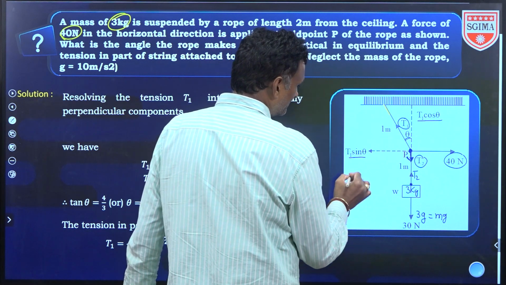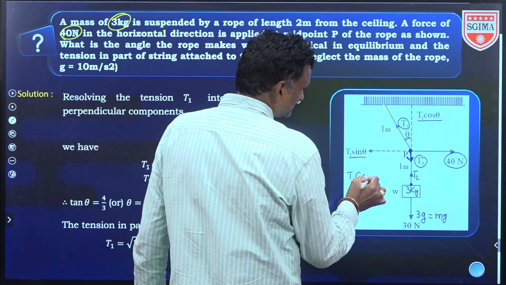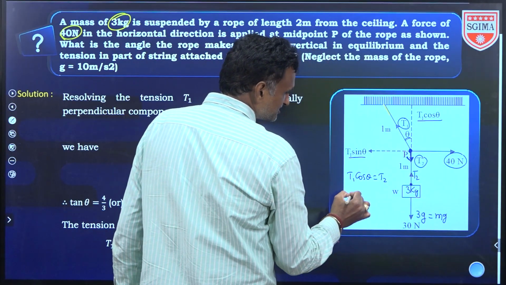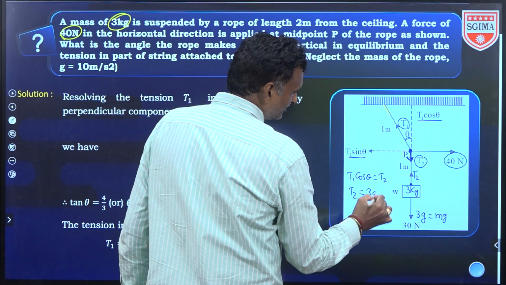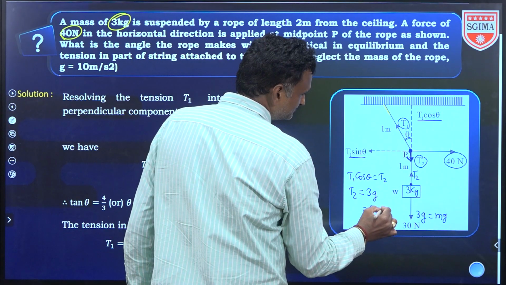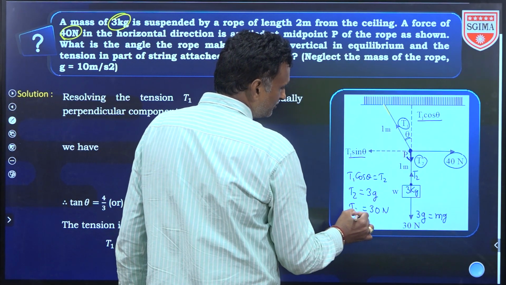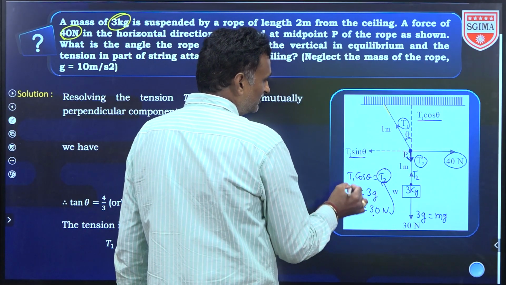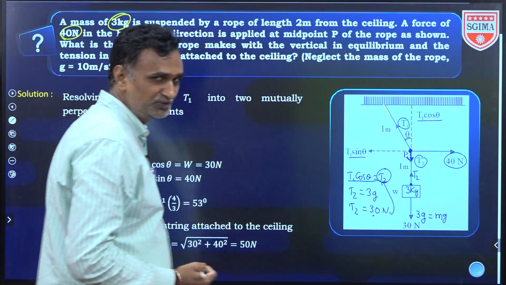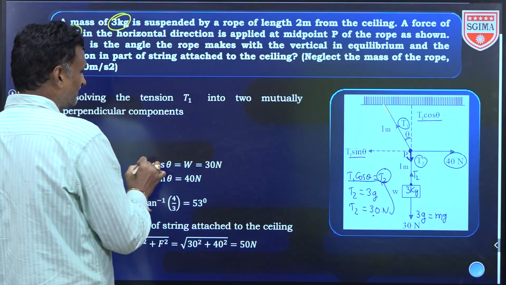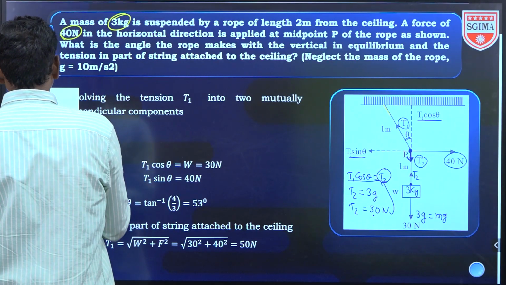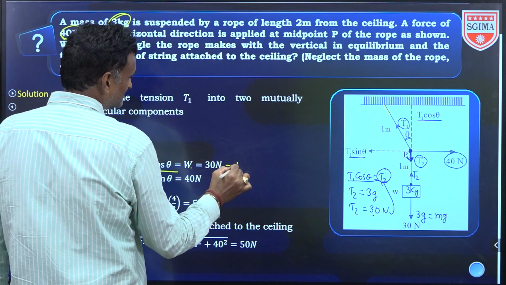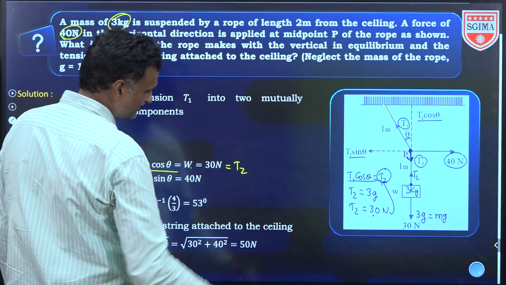So let me write here T1 cos theta equals T2. But T2 is equal to how much? 3g, that is 30 Newtons. So when T2 equals 30 Newtons, substituting the T2 value, T1 cos theta equals 30. So that is what we have written here. You can observe T1 cos theta is equal to W, which is equal to T2, from this case.